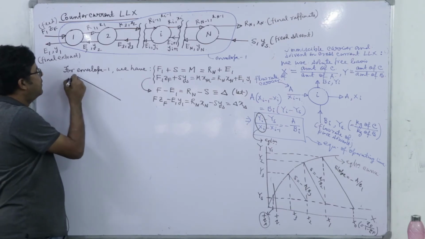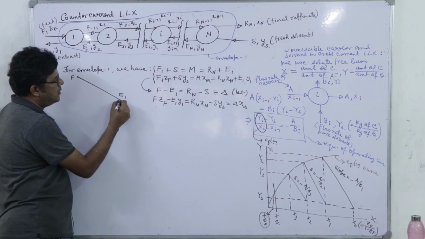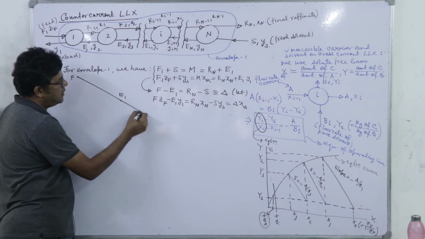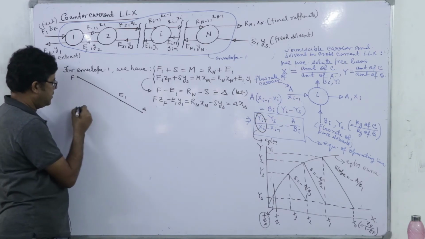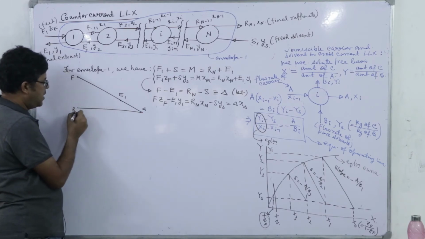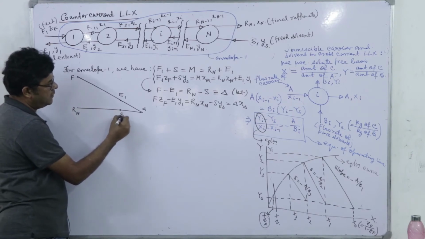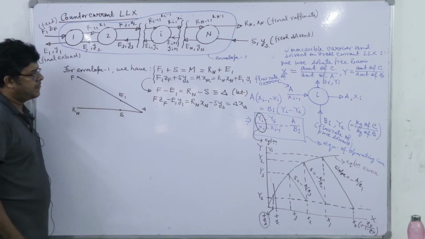F, E1 and delta here, Rn and S delta here, right.